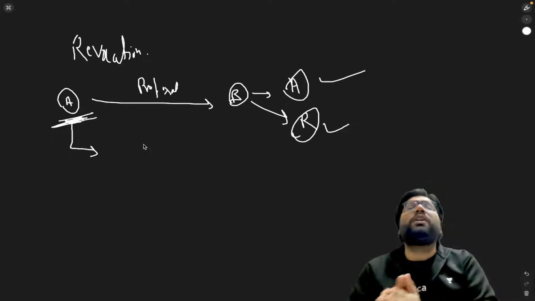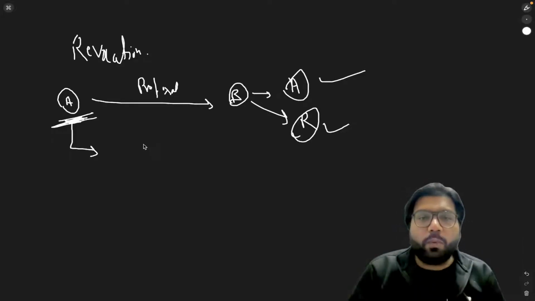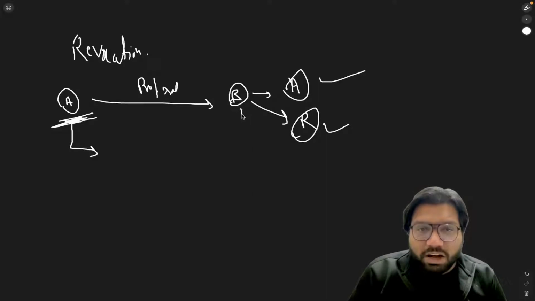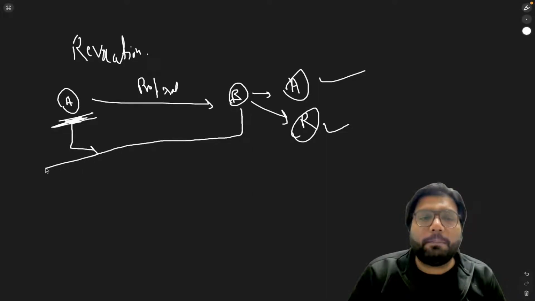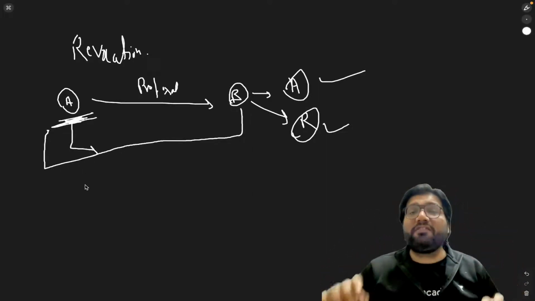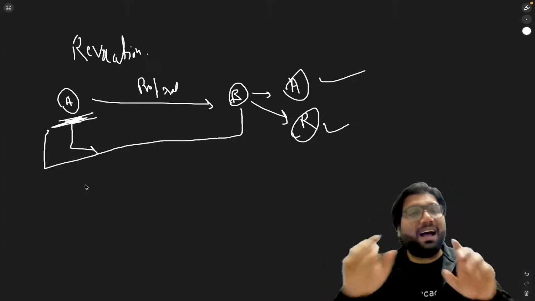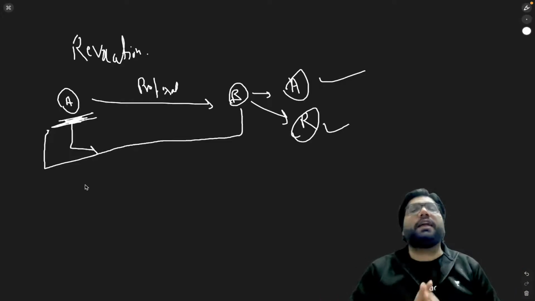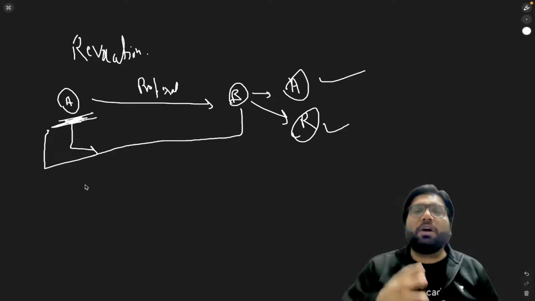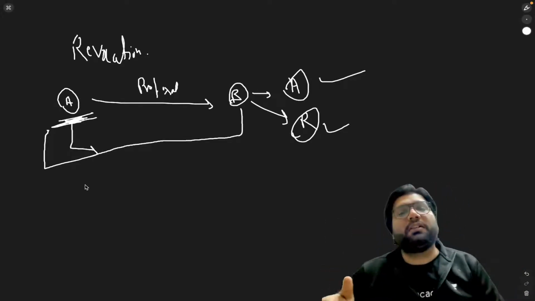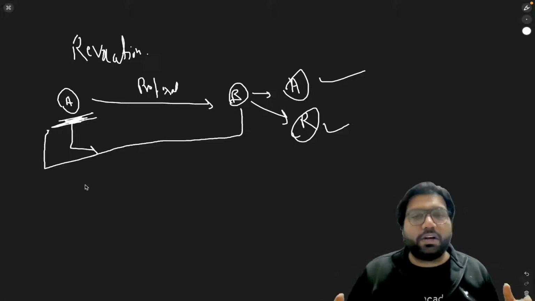But till what moment can he revoke? Always remember, if the communication of acceptance got completed, I'm repeating myself, after that Mr. A cannot revoke. Why? Because it has become a promise that will lead to an agreement and a valid contract.